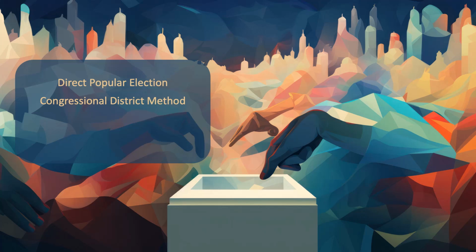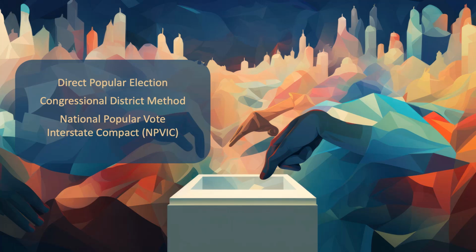But perhaps the most likely reform would be the National Popular Vote Interstate Compact, a proposed agreement among several states to award all of their Electoral College votes to the winner of the national popular vote rather than to the winner of the state's popular vote. States that join the compact commit to allocate their votes to the candidate that receives the most votes nationally, regardless of who wins their state.